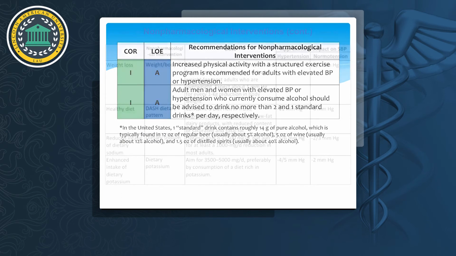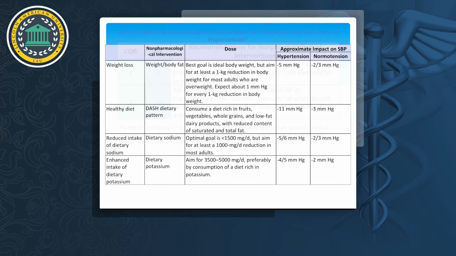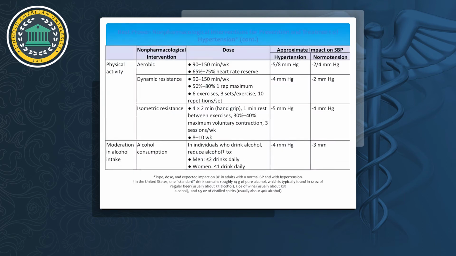If you see this very important slide, you see how these non-pharmacological interventions decrease blood pressure. Weight loss itself will decrease blood pressure by 5 millimeters, a healthy diet by 11, and decreasing sodium intake by 5 to 6 millimeters. Then add aerobic exercise, dynamic resistance exercise, isometric resistance exercise, and alcohol restriction.